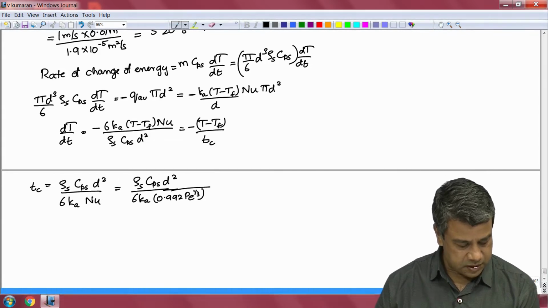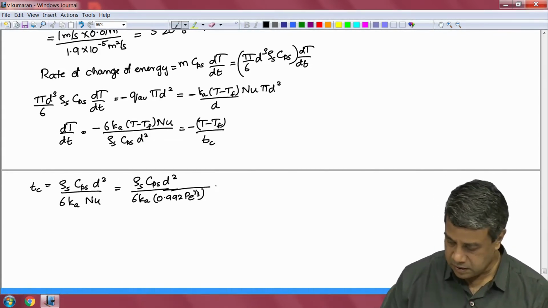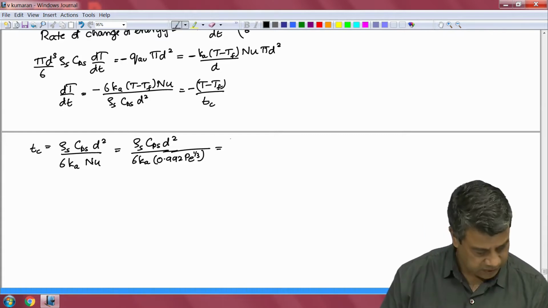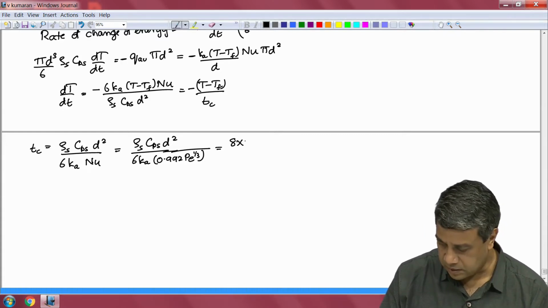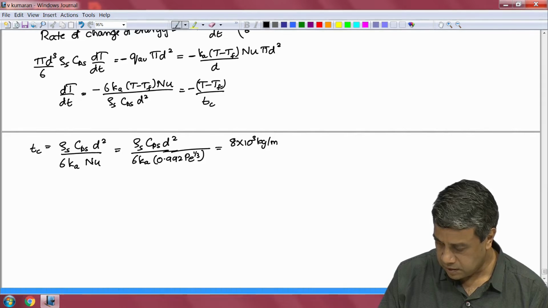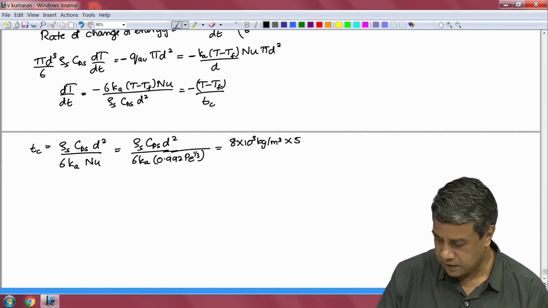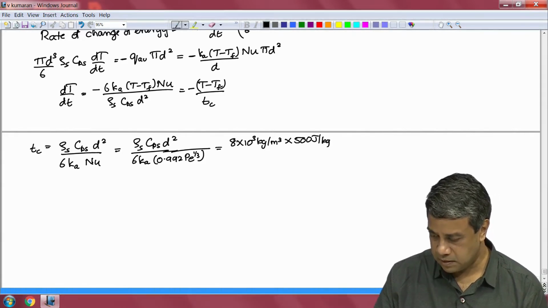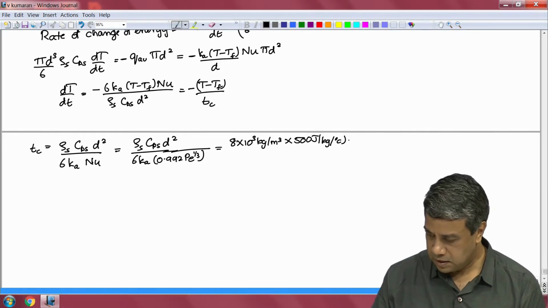So, that is the correlation, and here the density of steel is 8 into 10 power 3 kg per meter cubed. Specific heat is 500 joules per kg per degree centigrade.